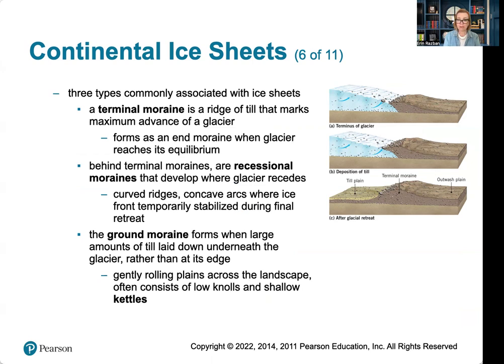The Kettle Moraine region in Wisconsin provides an excellent example of these features. Ground moraines form where till is laid down from underneath a glacier, creating generally rolling landscape like those found throughout much of the Midwest.